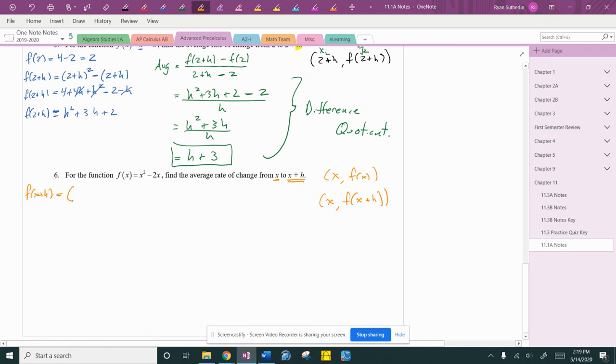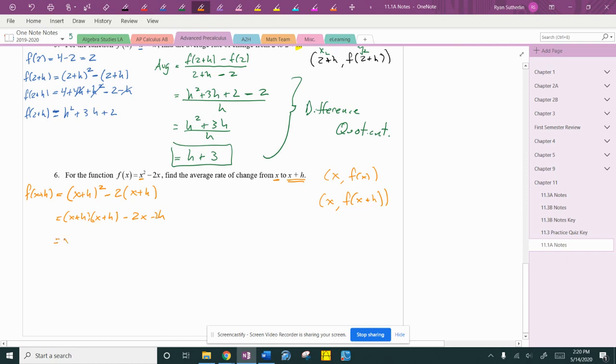So f of x plus h means I'm going to put x plus h squared, again I'm putting it in for x here, minus 2 times x plus h. Now I'm going to write this out the long way here. This really means x plus h times x plus h, minus 2x minus 2h.